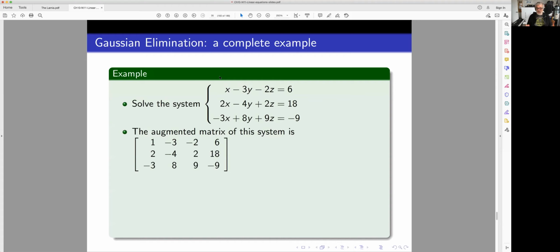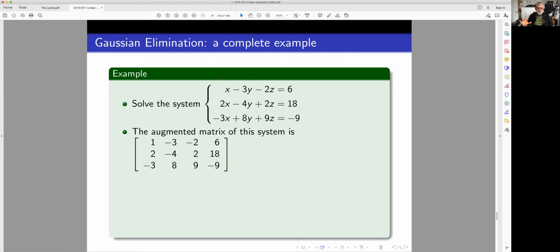If you think about it, once you know that columns correspond to variables and the last right-hand column corresponds to those constants, you don't need to write down those equalities and variable names, right? The crucial information is all encoded in that matrix.